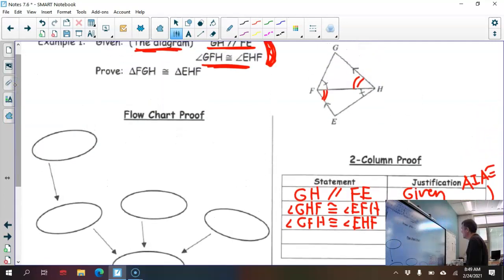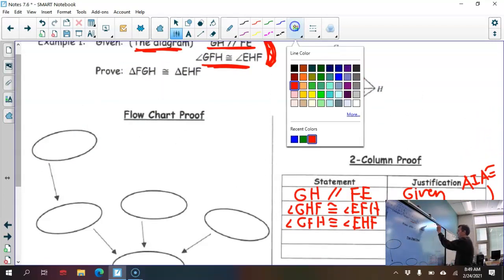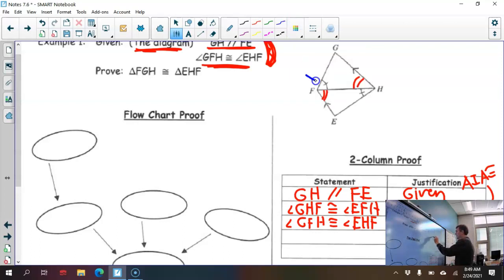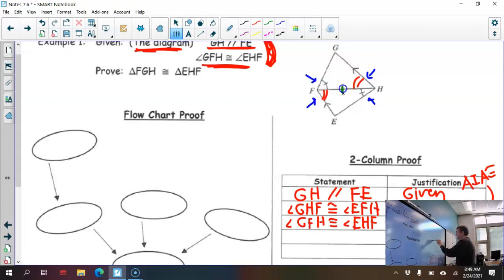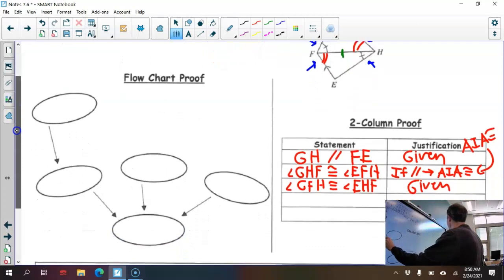All right, so I have two angles equal to two angles, right? I've got this equal to this, and I've got this angle equal to this angle. Do I have any other parts I know are equal? Well, I hope you see it. It's this line down the middle. This line down the middle is in both triangles, and it's certainly equal to itself, right?